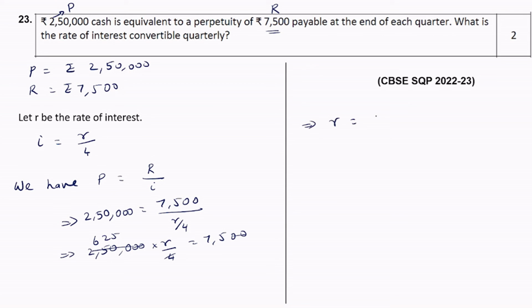So this implies R is equal to 75 by 625. So here, when we simplify, we get it as 0.12. Therefore, R is equal to 12%. So the rate of interest compounded quarterly is 12% per annum.